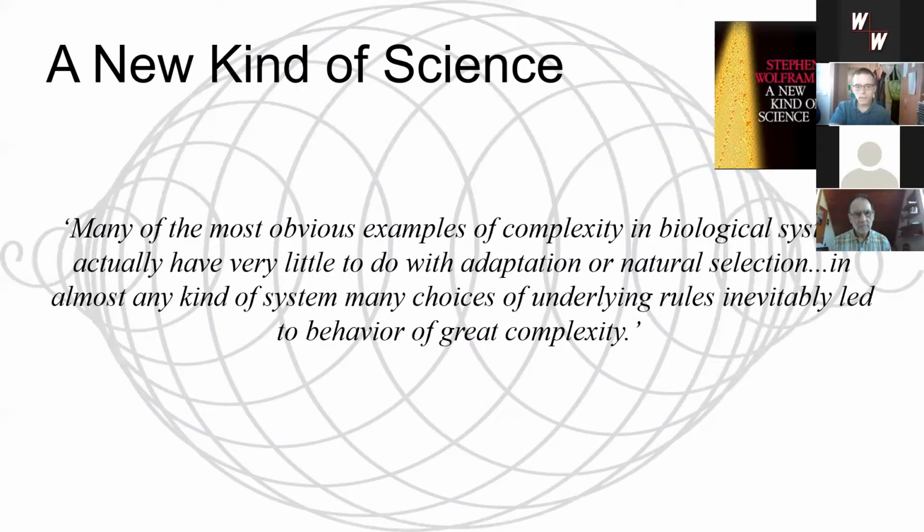I'm going to quote him: Many of the most obvious examples of complexity in biological systems actually have very little to do with adaptation or natural selection. In almost any kind of system, many choices of underlying rules inevitably lead to behavior of great complexity.